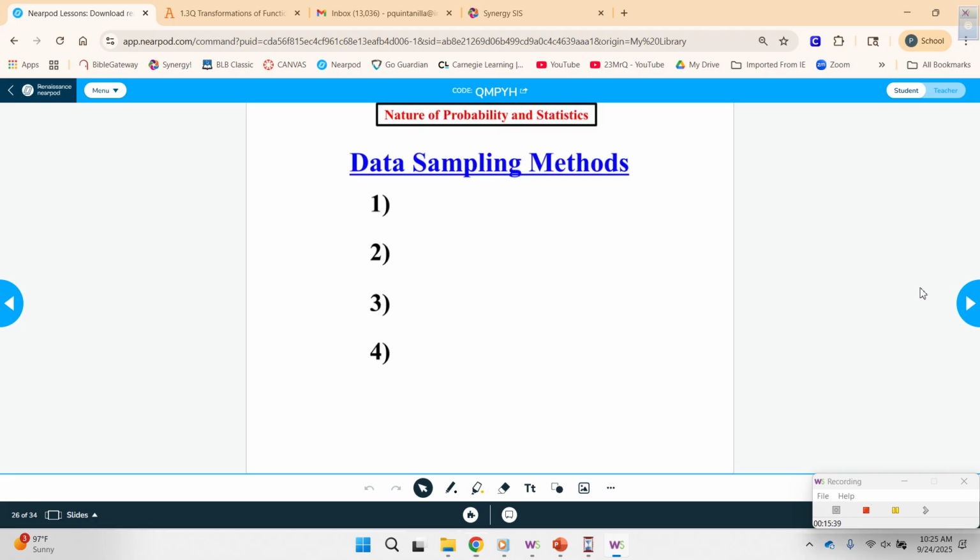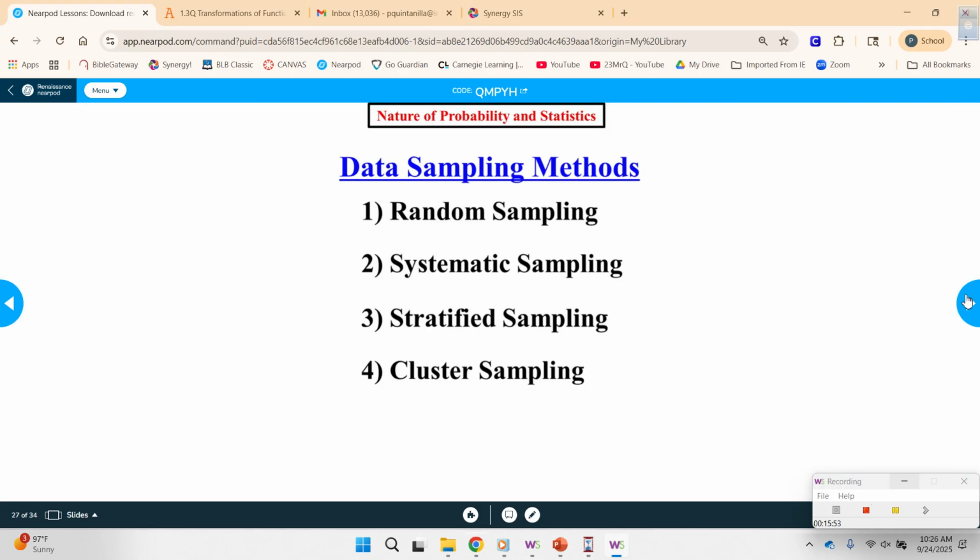Four different types of sampling methods. 3, 2, random, systematic, stratified, and cluster. So, before I go on to the next screen, if I was to ask you to get me a stratified sample, tell your neighbor the process of getting a stratified sample.